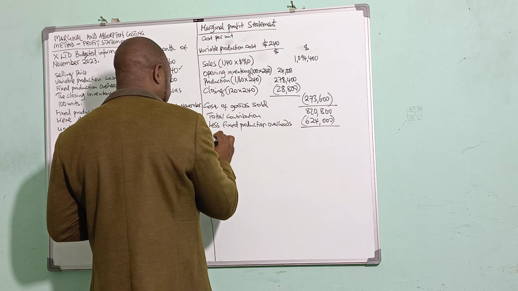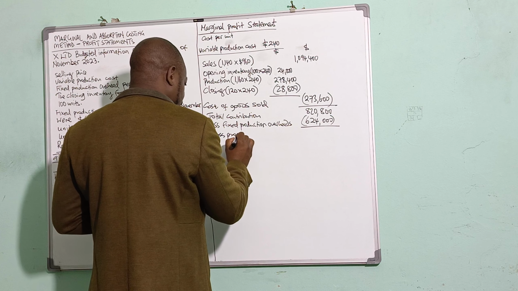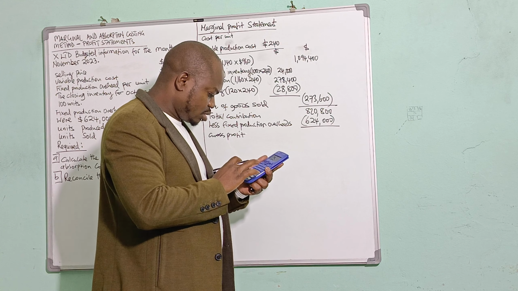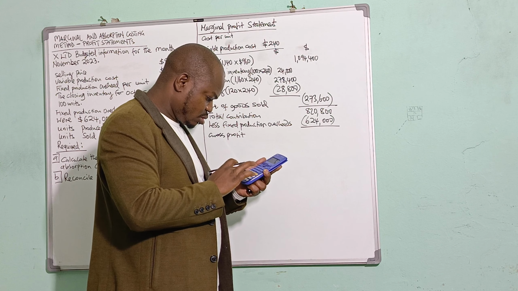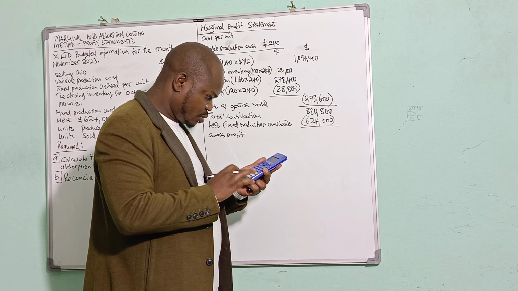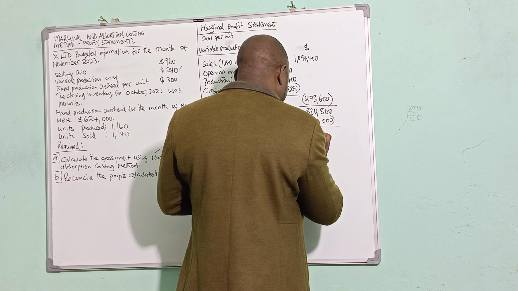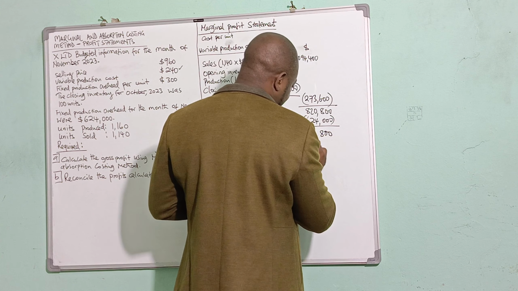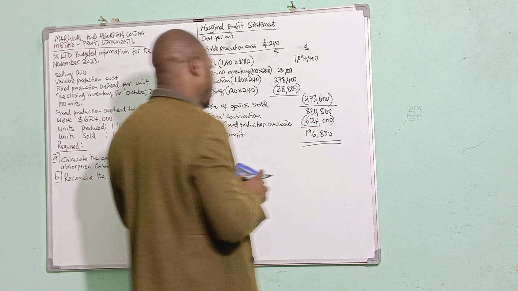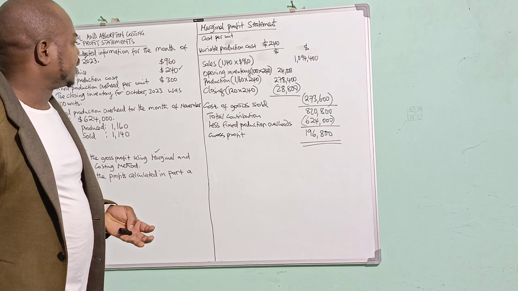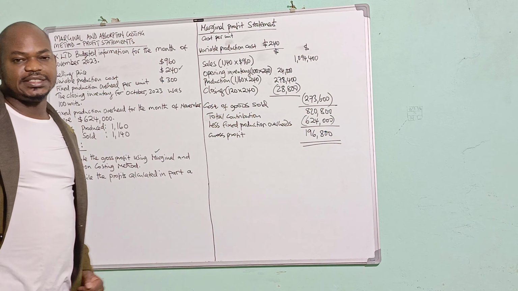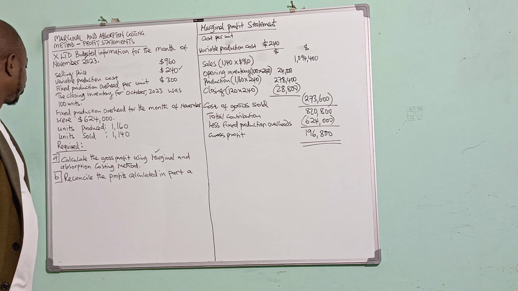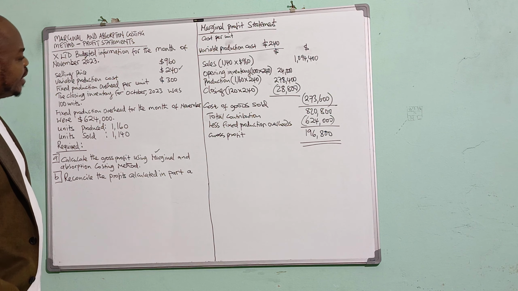And then I can have my gross profit here, which is what the examiner is actually requesting me to calculate. I have 196,800 as my gross profit. So this is how we calculate the marginal approach to profit statement.